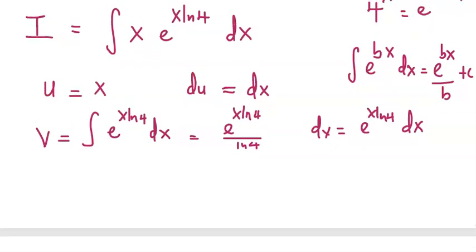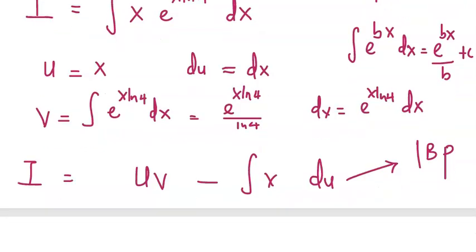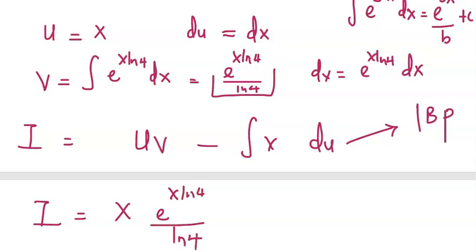So now our I is going to be uv, do not forget, minus the integral of v, then du. This is just the integration by parts formula, right? So now using that idea here, this is equal to u is x, v is, look at our v, don't forget, so v is e raised to the power of x times ln of 4, then divided by the ln of 4, then minus the integral of v.